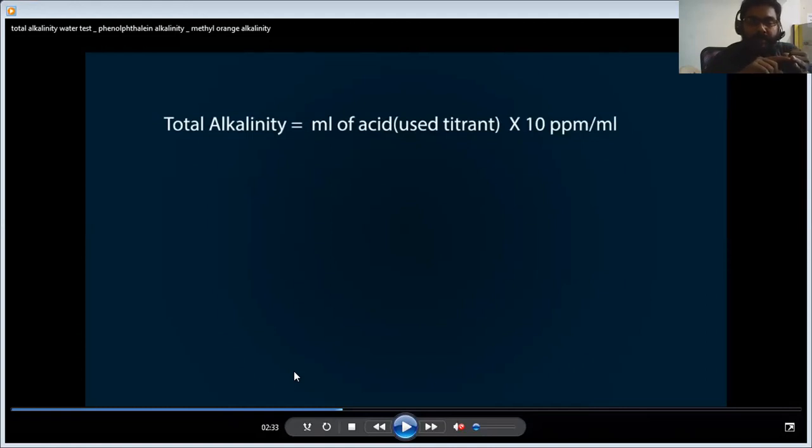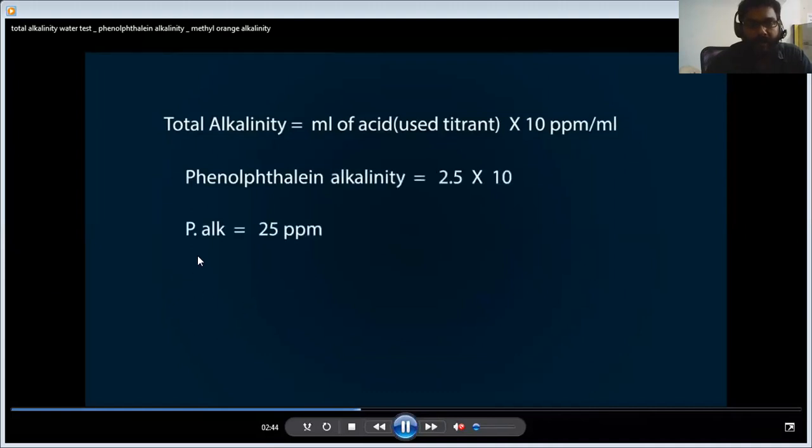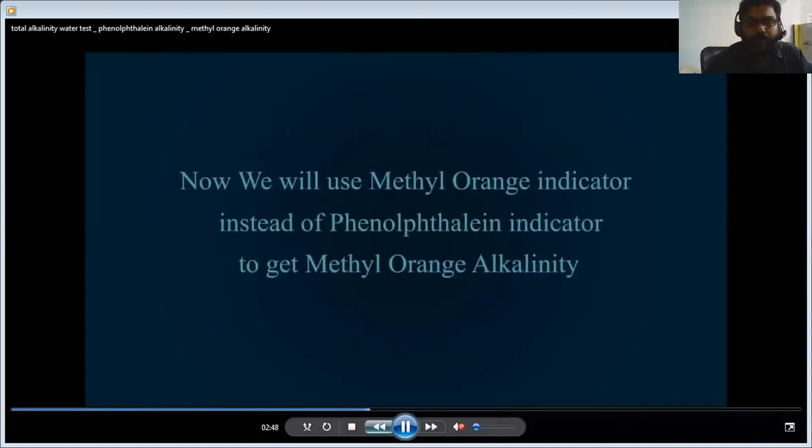This solution is titrated with the acid. 2.5 ml of acid used, at 10 ppm per ml, gives 25 ppm. The phenolphthalein alkalinity equals 2.5 into 10, which is 25 ppm.